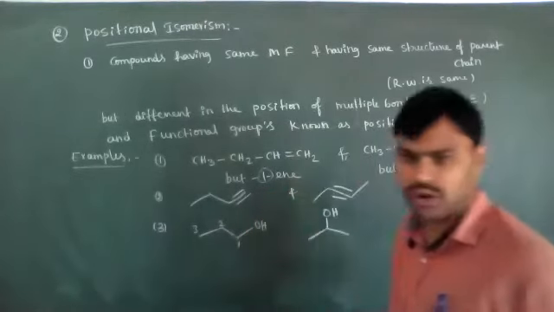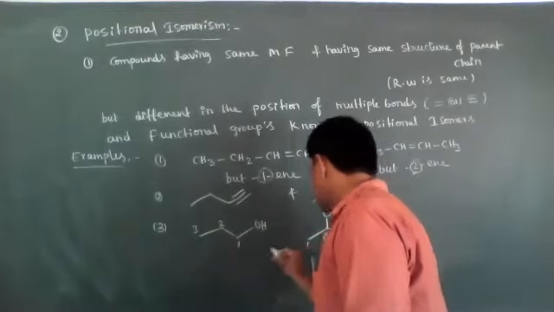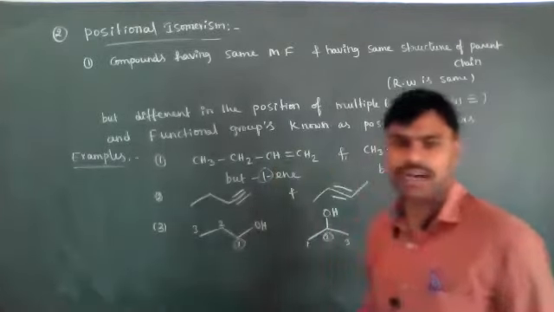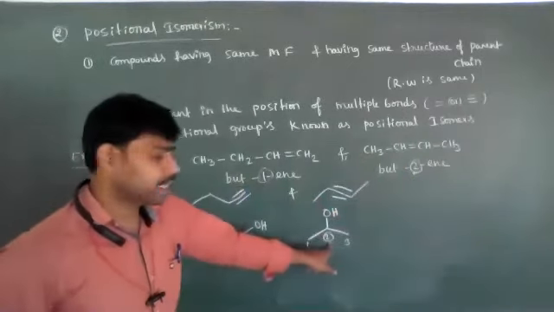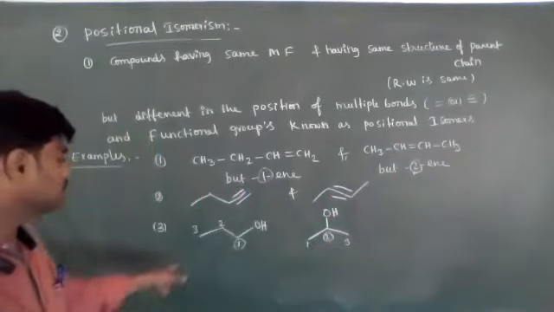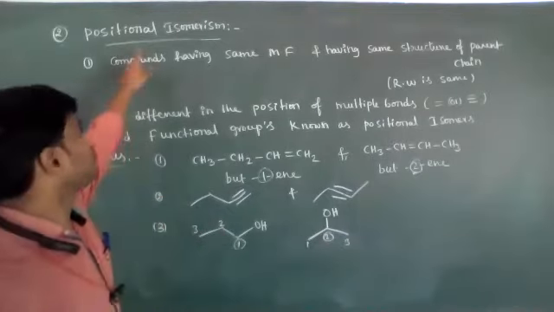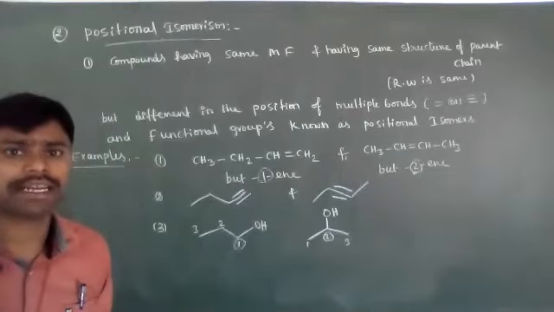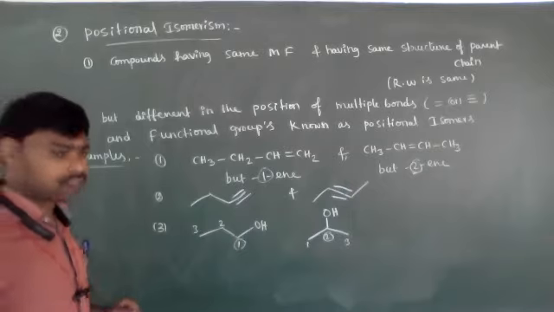This is propan-2-ol. The OH group is present at the second carbon. Now it is at the first carbon, so the OH group position is changed. Here it is 1 and here it is 2. So propan-1-ol and propan-2-ol are examples of positional isomers. Okay, students.